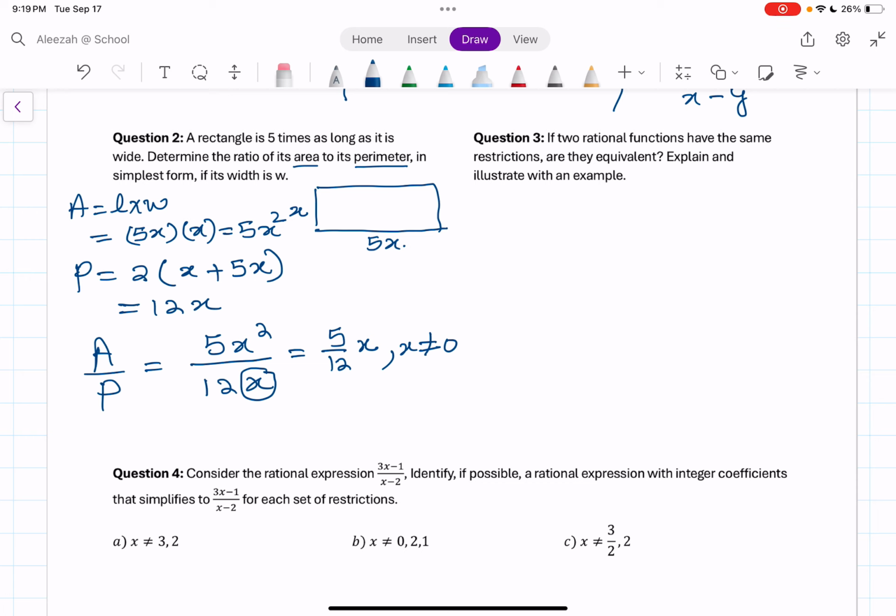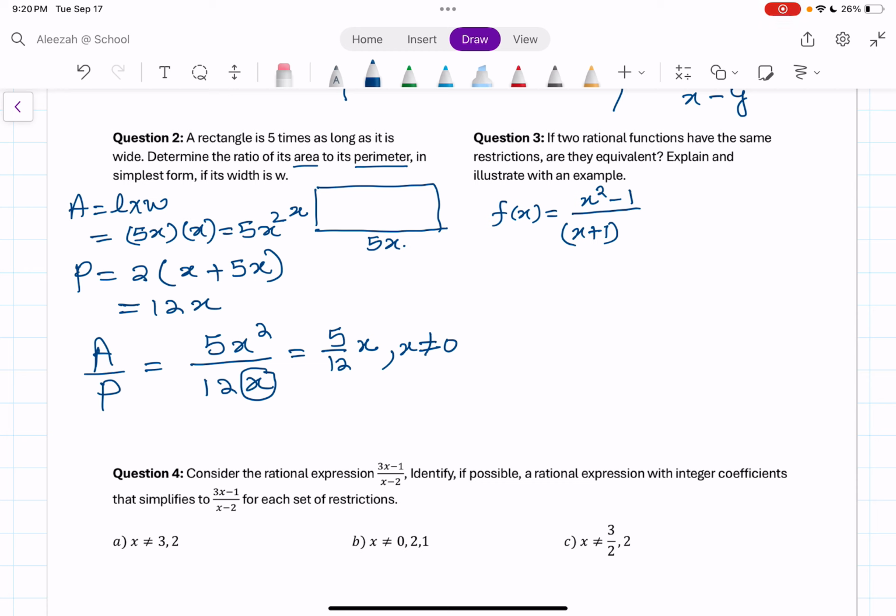Okay, next question is, if two rational functions have the same restriction, are they equivalent? Now, if I just take two functions, for example, I'm taking f of x equal to x over x plus 1, and I'm also taking x squared minus 1.